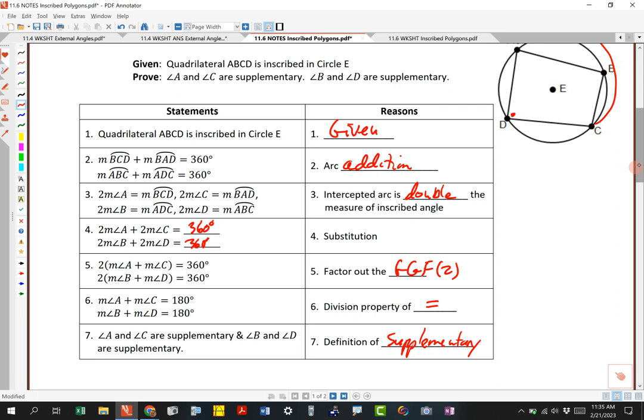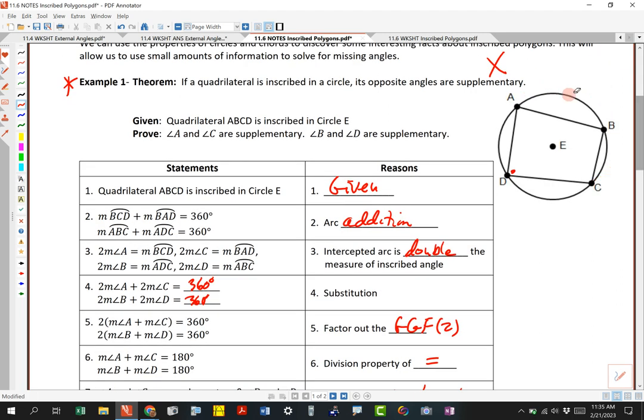Okay, any questions? Okay, let's be clear about what this means. So look up here for just a second. This angle and this angle are supplementary, always. This angle and this angle are supplementary, always, because it's a quadrilateral inscribed inside a circle. Okay?